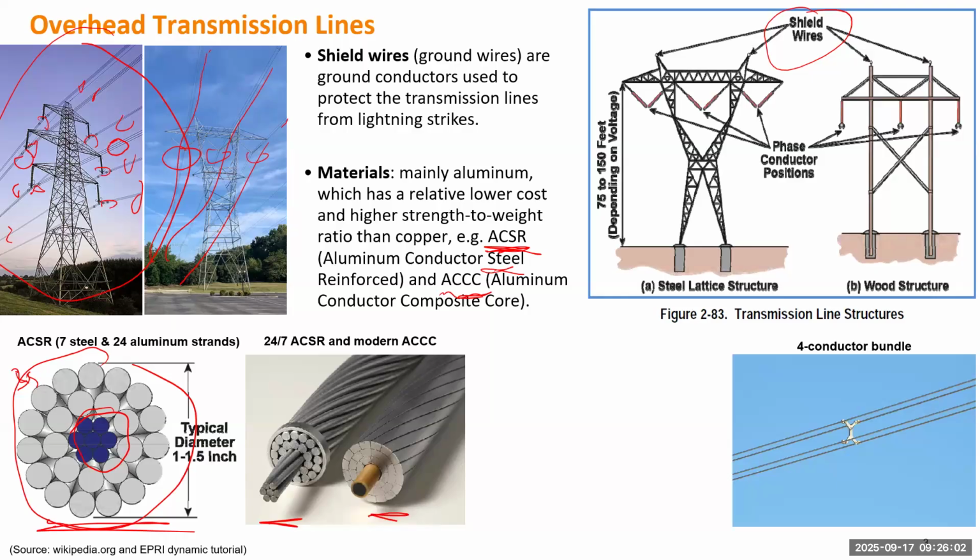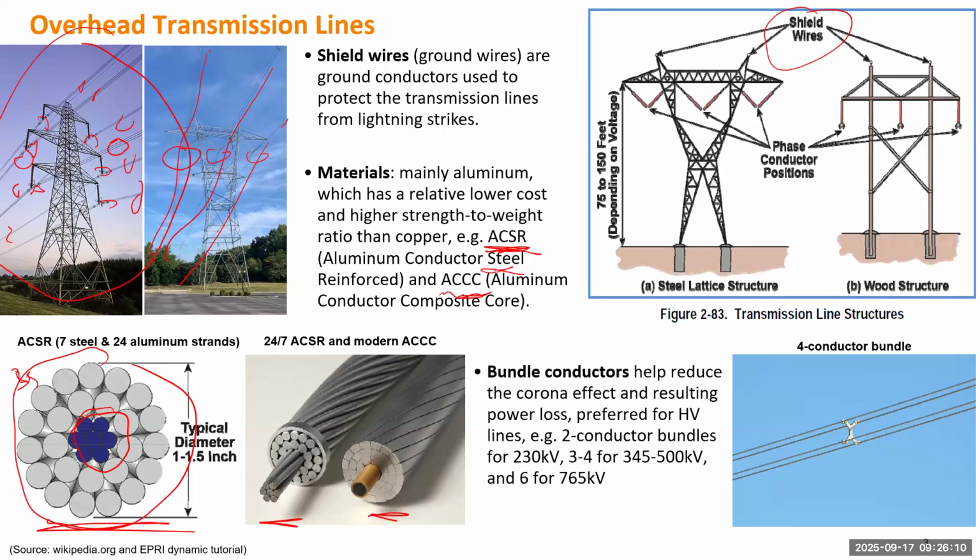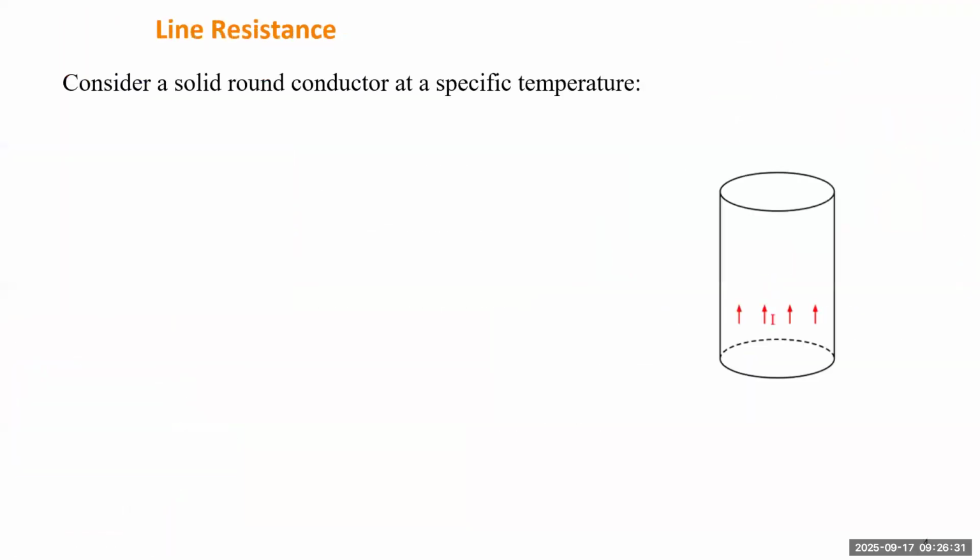They are still treated as a single phase of the line, but that gives you more efficiency for the electricity. A 4 conductor bundle is usually for 345 to 500 kV. For 230 kV, you may only see 2 conductors in a bundle. So those are what we can see about overhead transmission lines.